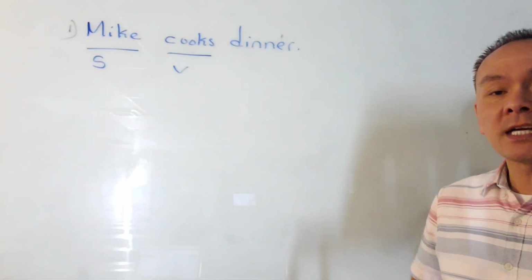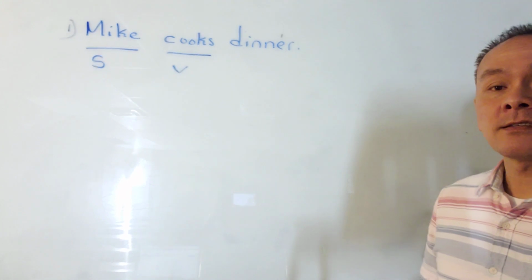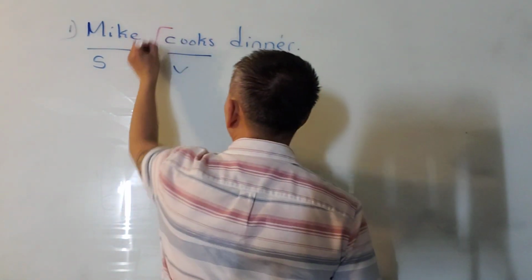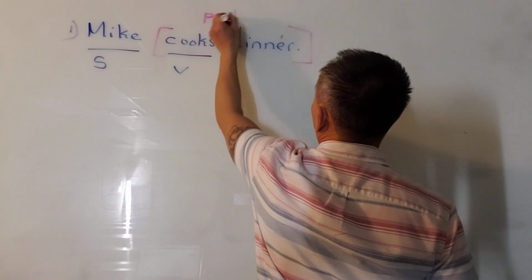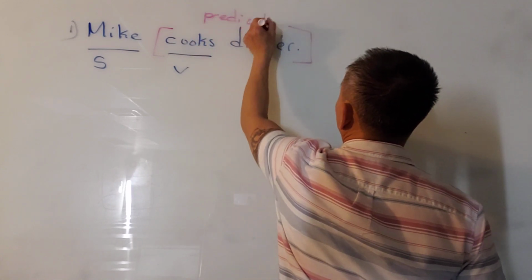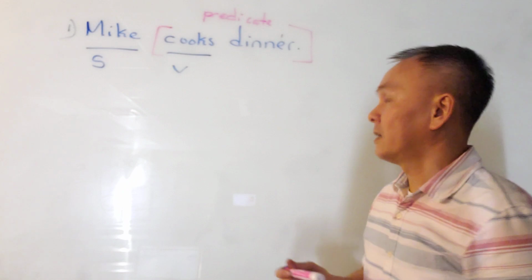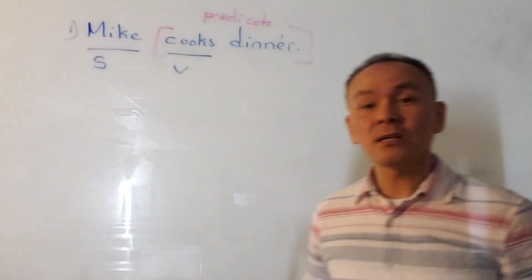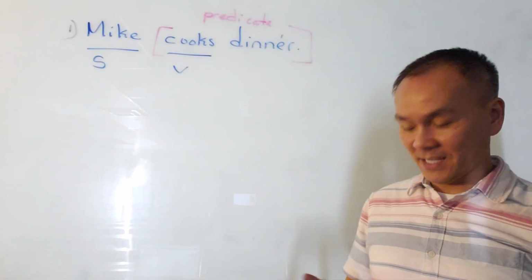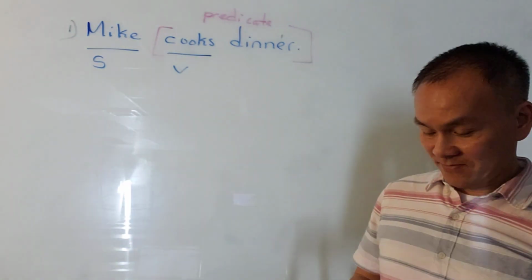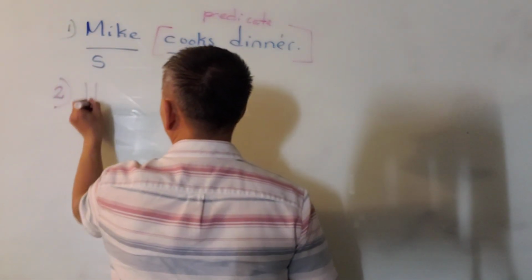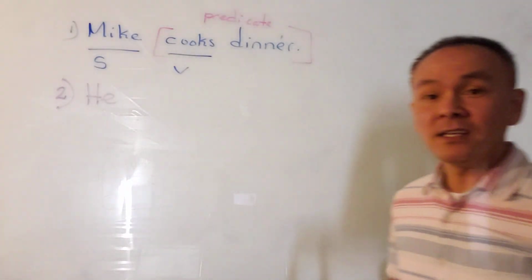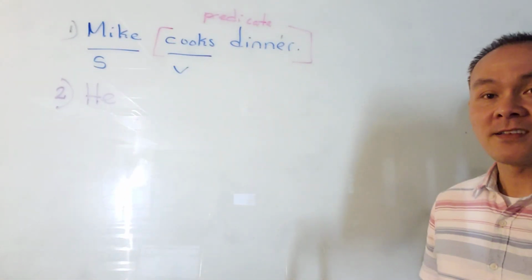What is the predicate? Great. Cooks dinner is the predicate. Perfect. Okay? Now, what is the pronoun for Mike? If you say he, you are correct.